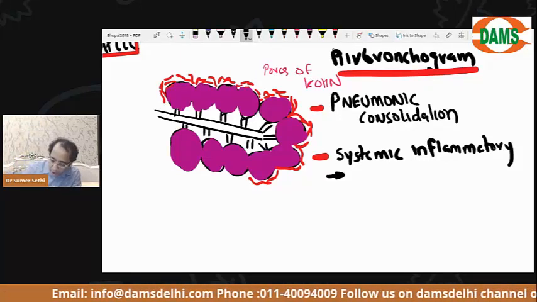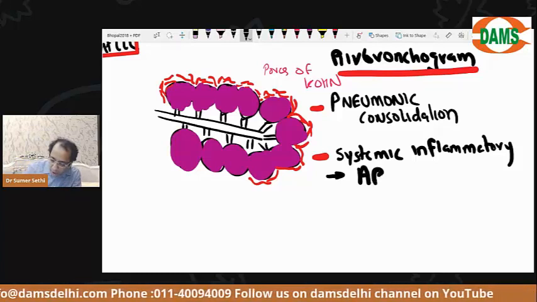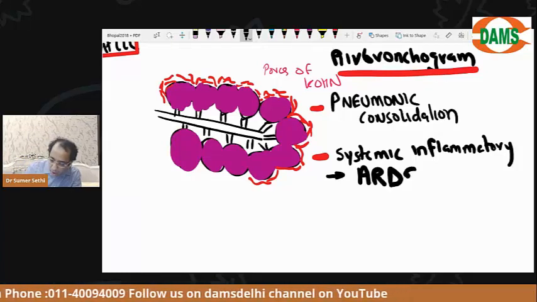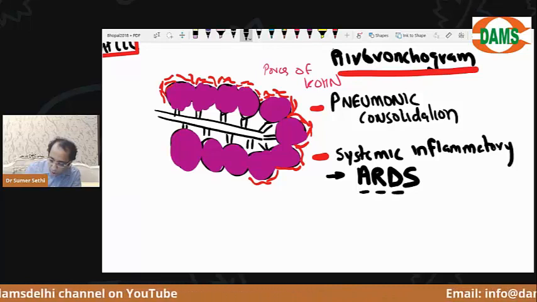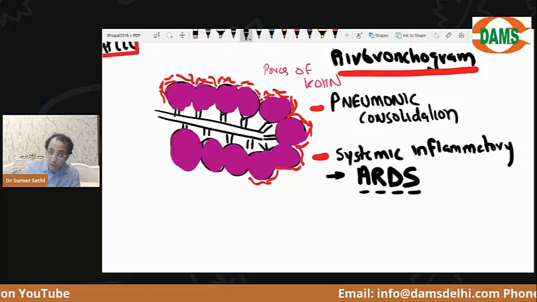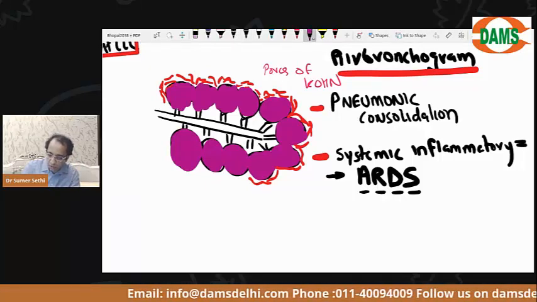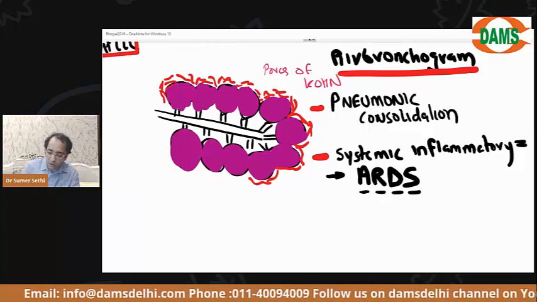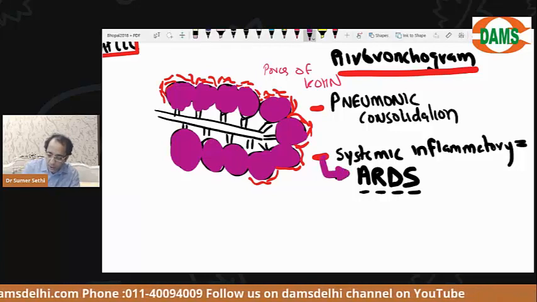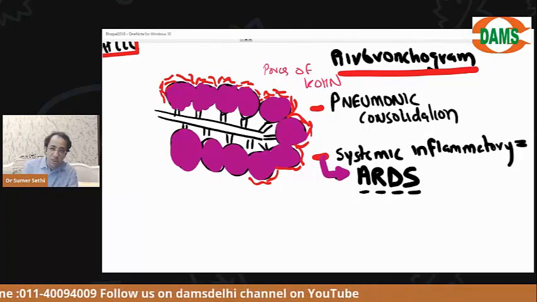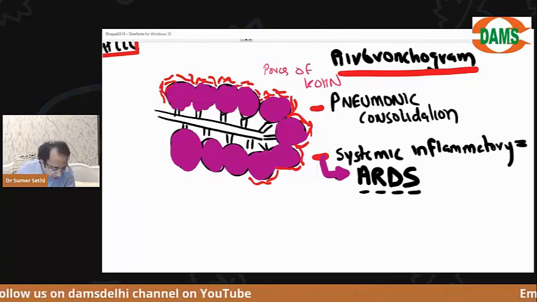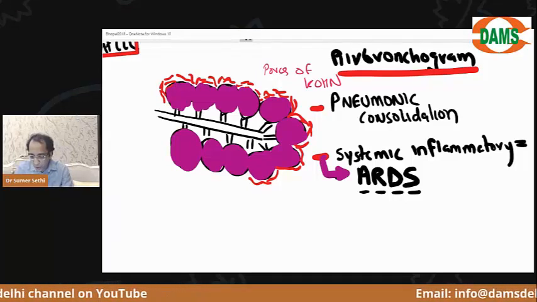That is called ARDS, acute respiratory distress syndrome, which is a result of the systemic inflammatory response. Even this is one of the risks with COVID infection, that you may develop ARDS, because of the systemic inflammatory response it incites.